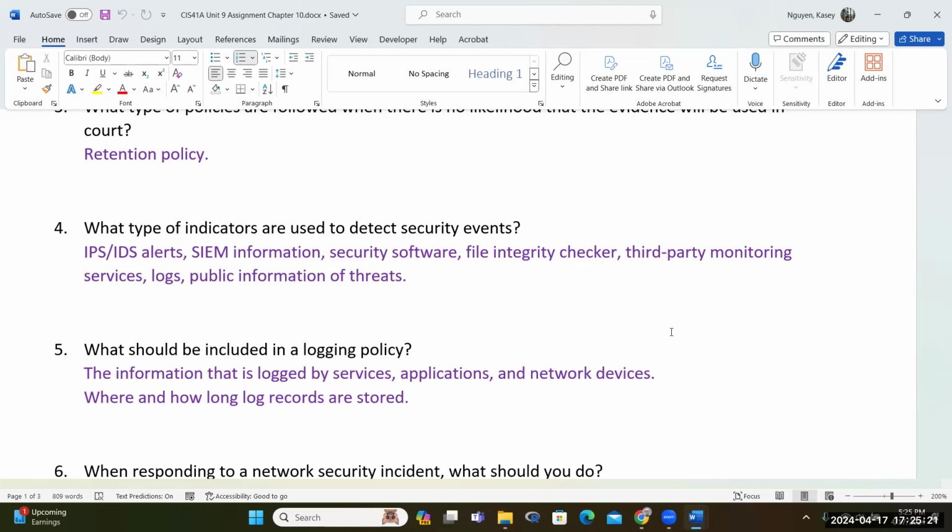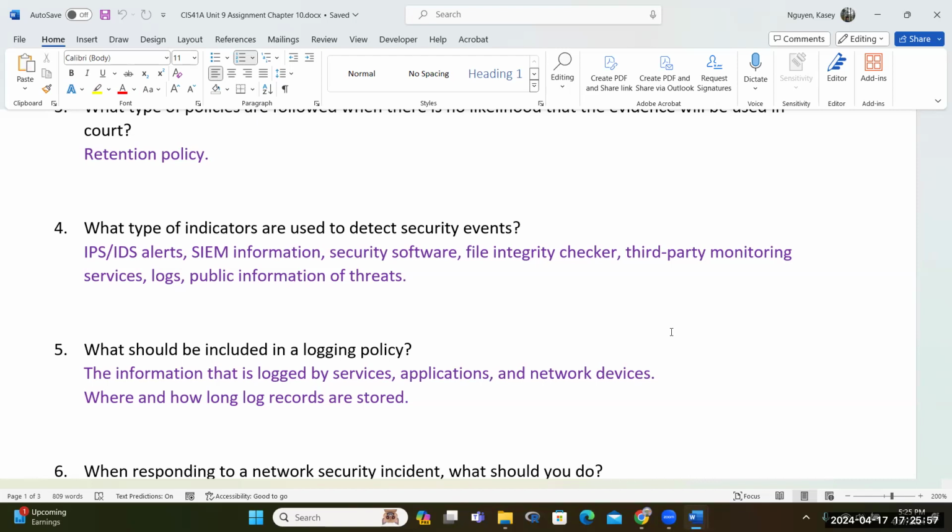So your log retention, your log storage. And with that, we also need to talk about how much log we're going to store, like in gigabytes, terabytes, and so on. So the logging policy is important. These are the rules that we are going to use when we refer to log maintenance and management.